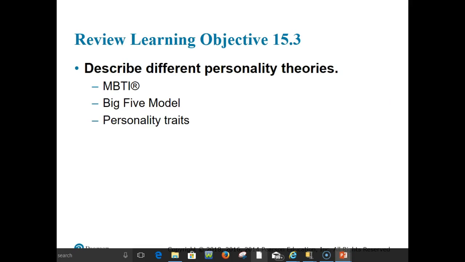So in review of our third learning objective, the MBTI measures 4 dimensions: social interaction, preference for gathering data, preference for decision making, and style of making decisions. Remember, the Big Five model consists of 5 personality traits: extroversion, agreeableness, conscientiousness, emotional stability, and openness to experience.